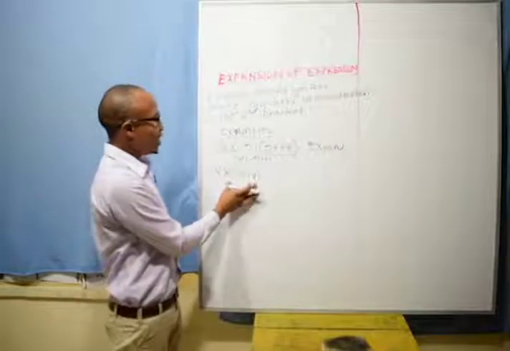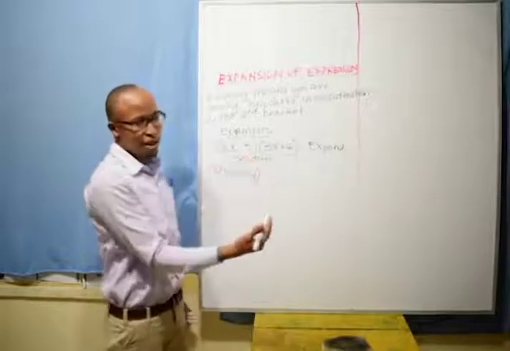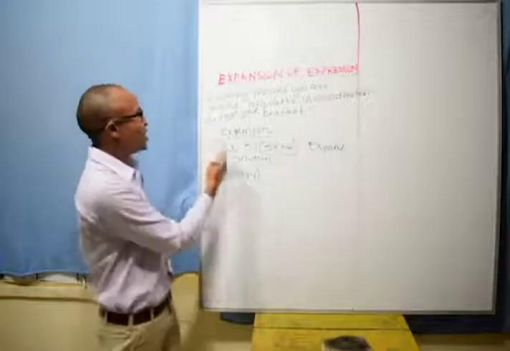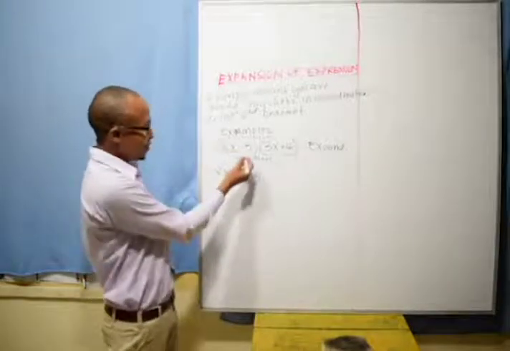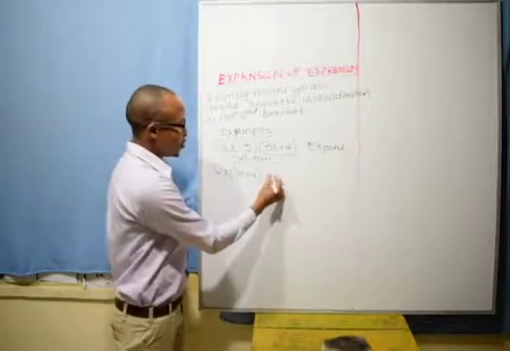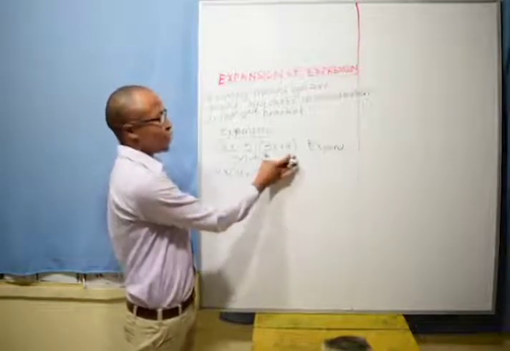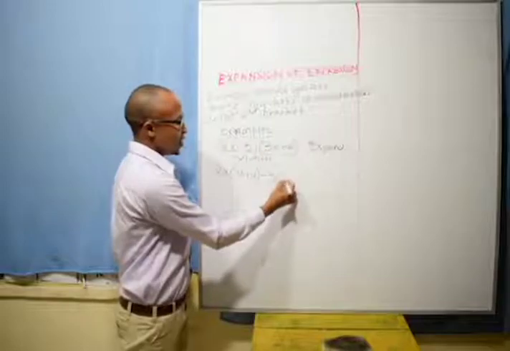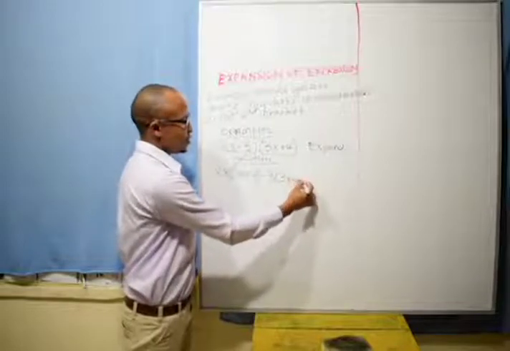And then from there, you go back to the second term in the first bracket, which is negative 3. So you take negative 3, and then you take the second bracket, 3x plus 4.